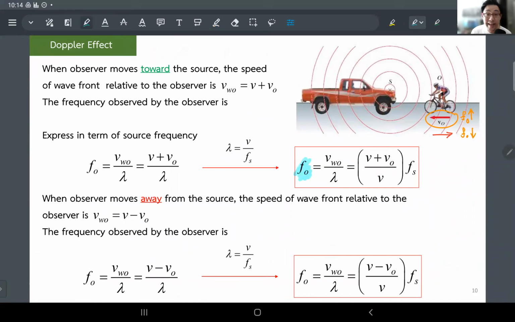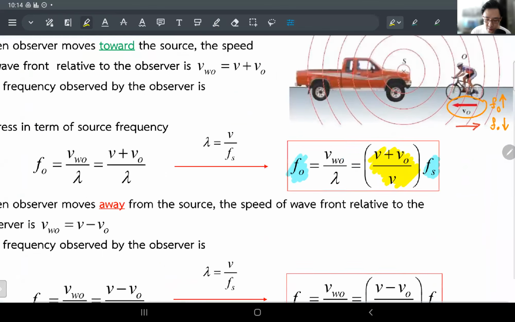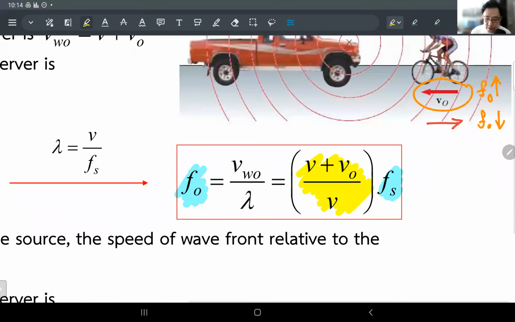Here, at the end, this is what you get. The observed frequency is some multiple of the source frequency. So you have some factor in the front. And look at the factor. Isn't that cool? The V itself is just the speed of sound.